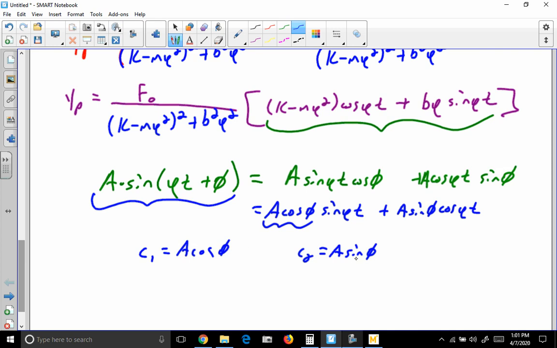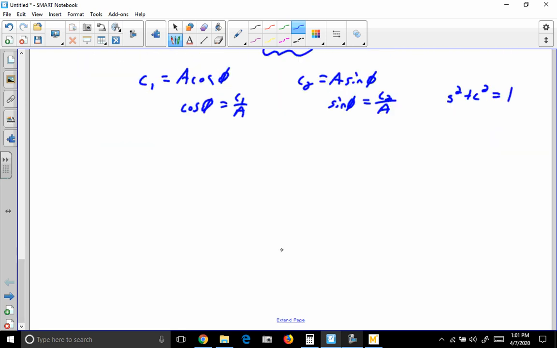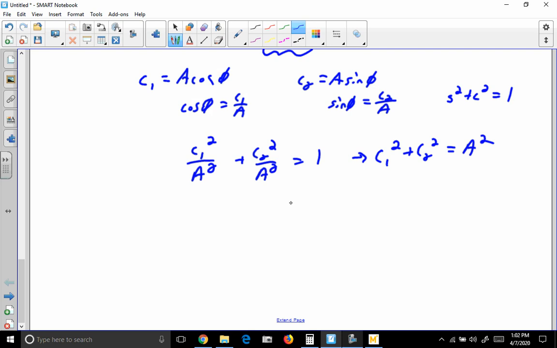So sine was C2 over a, and cosine is C1 over a, and we know that sine squared plus cosine squared equals 1. So that gave us C1 squared over a squared plus C2 squared over a squared equals 1. If we solve that, C1 squared plus C2 squared is a squared. So a is the square root of C1 squared plus C2 squared.